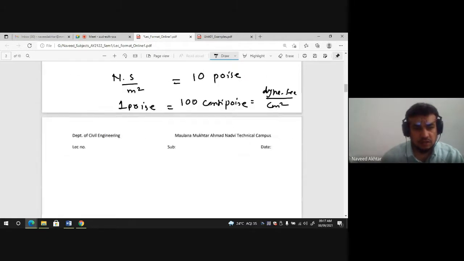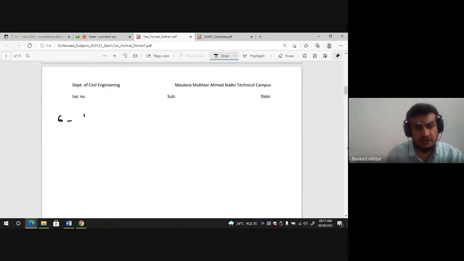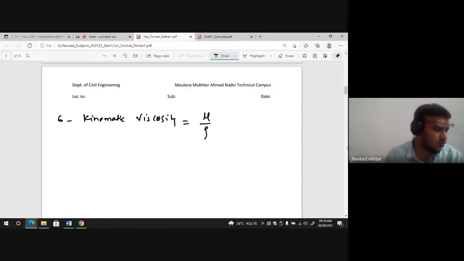Now, 6. We also saw the kinematic viscosity. Kinematic viscosity is the ratio of mu to rho, where rho is your mass density. The unit of kinematic viscosity is meter square per second, and in the CGS system, it is centimeter square per second.